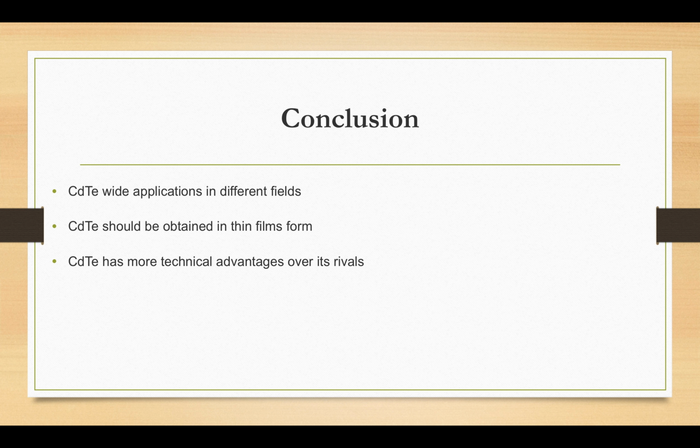In conclusion, cadmium telluride finds wide applications in different fields, including radiation detection, nuclear spectroscopy, PV cells, laser windows, electro-optic modulation, and so forth. Ideally, the compound should be obtained in the form of thin films to give it a definite advantage in the fabrication of high-tech products.